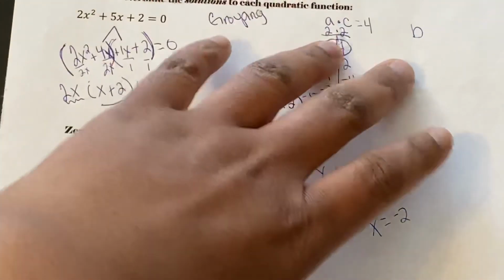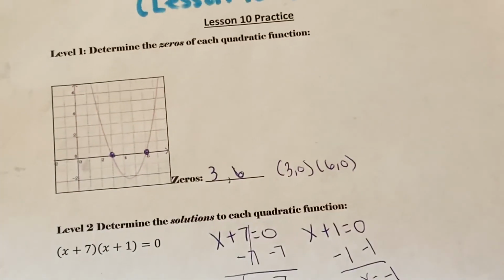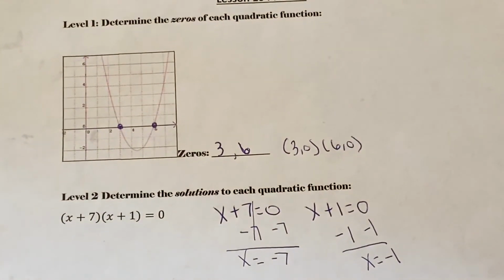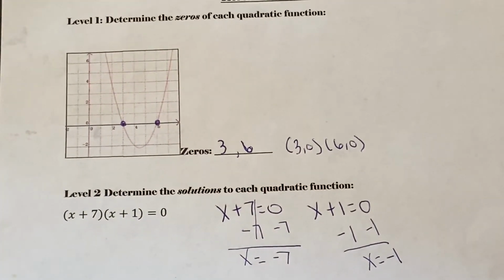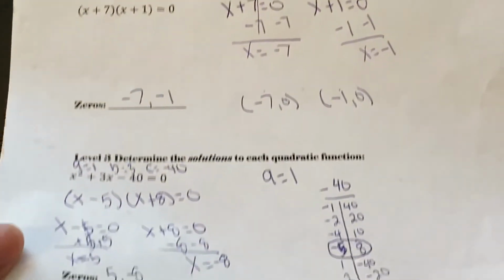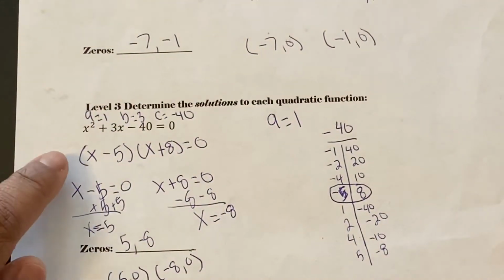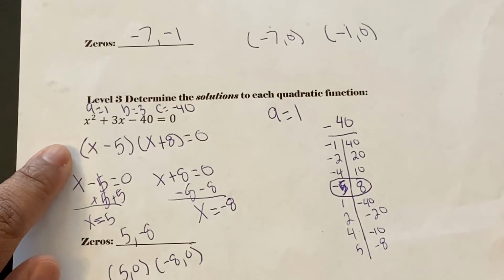Okay, so let's just look at these answers again. I hope that when you were doing your practice, you understood how to do these based off of the videos and the notes that we did. Specifically, I want to make sure that you understood level 3, where you have a trinomial where a is equal to 1.